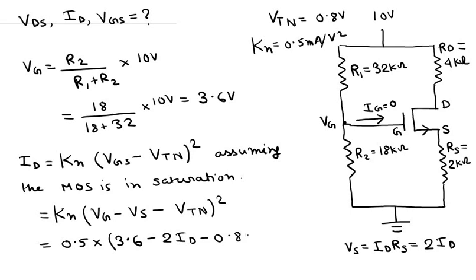So we get a quadratic equation: ID equals 0.5 into (3.6 minus 2 ID minus 0.8) square.